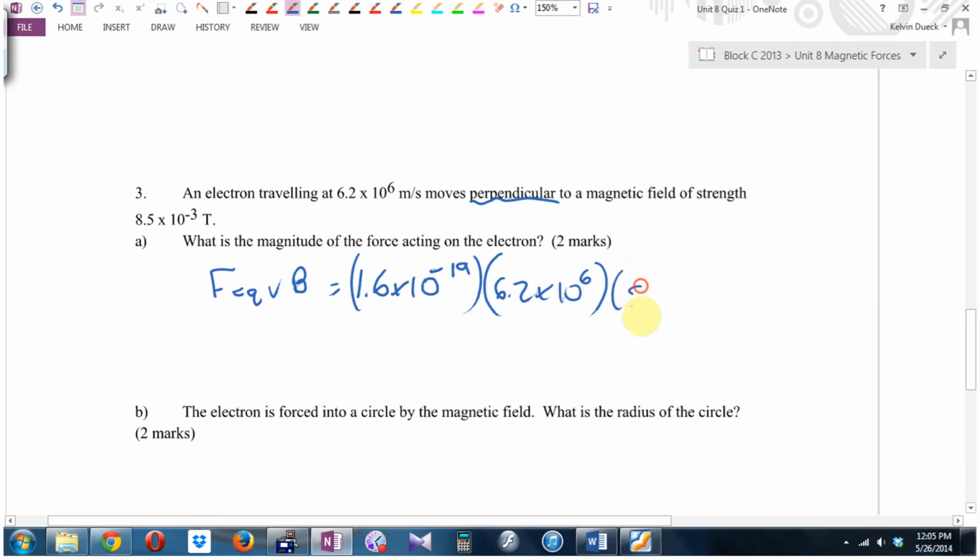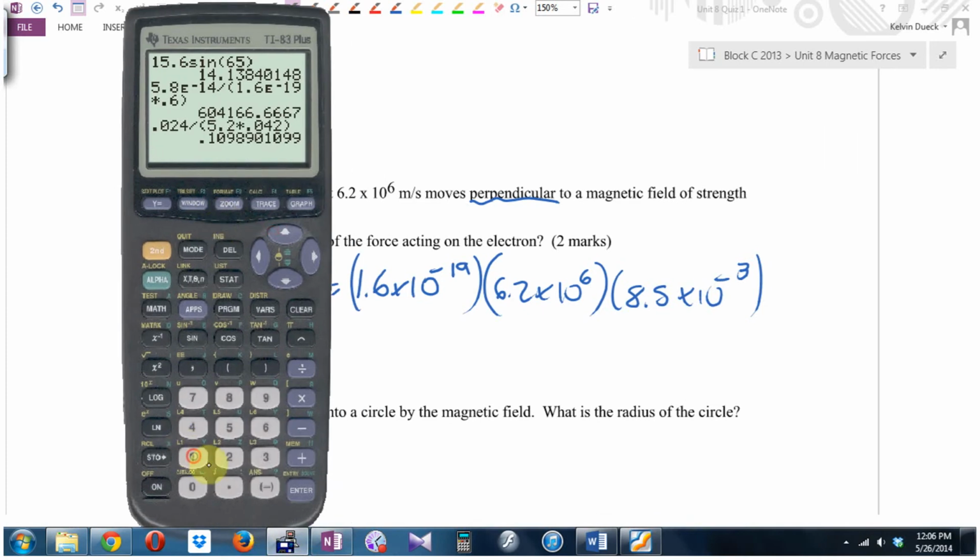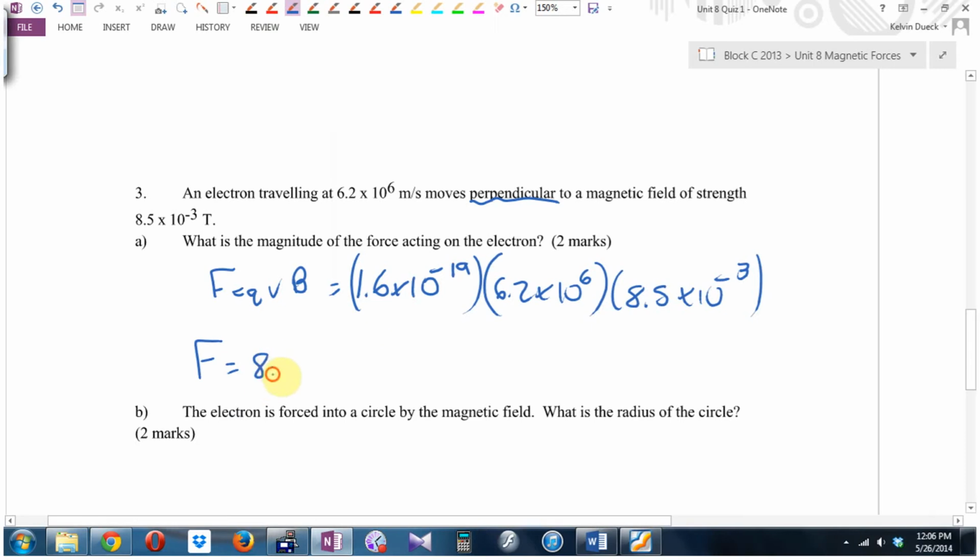Magnetic field, 8.5 times 10 to the negative 3. 8.43 times 10 to the negative 15 newtons. 1 mark for that, 1 mark for that. If you got the right answer, 2 out of 2.